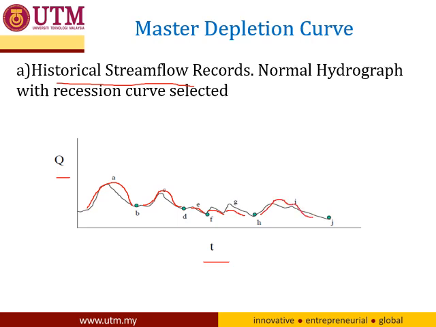So from this historical data, let's say we know the peak A, and then B. B is the recession, the lowest point for the storm that produces the peak A. And then we have C, D. So we identify the peak and the lowest point, the peak and the lowest point, for example.